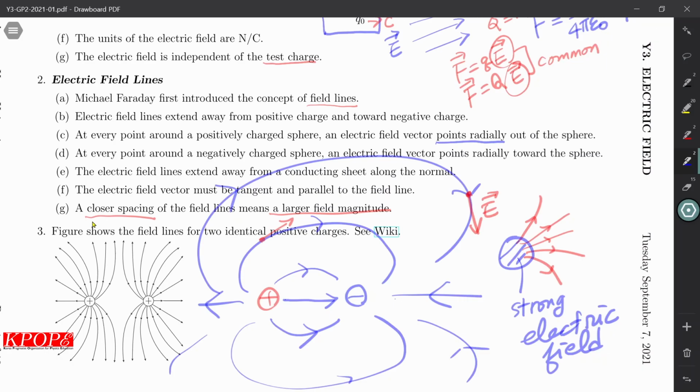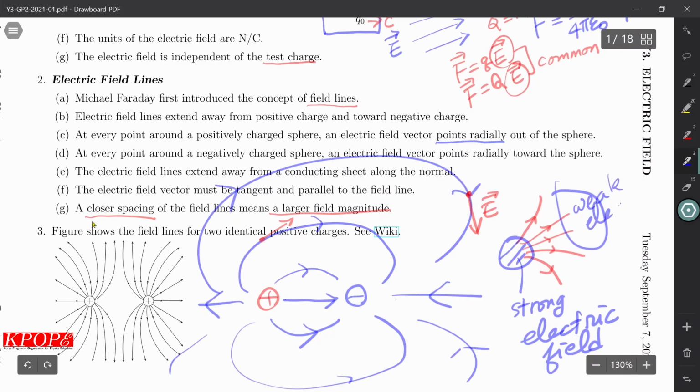Here, weak electric field. Right? The closer spacing, the larger the field magnitude.